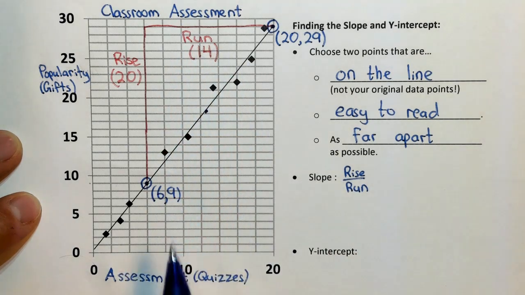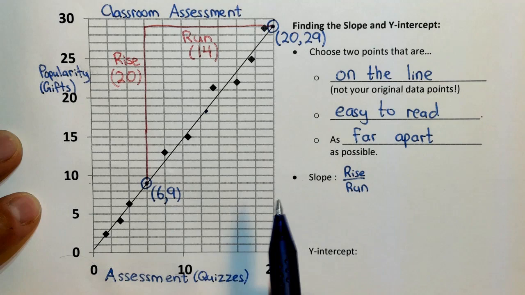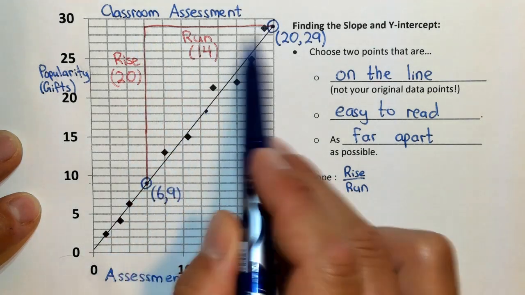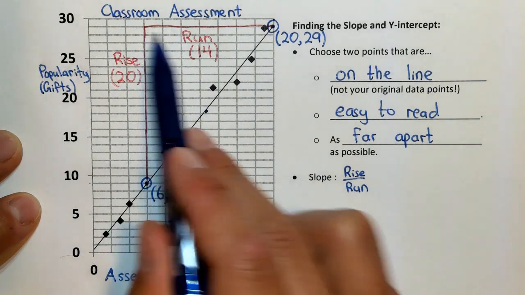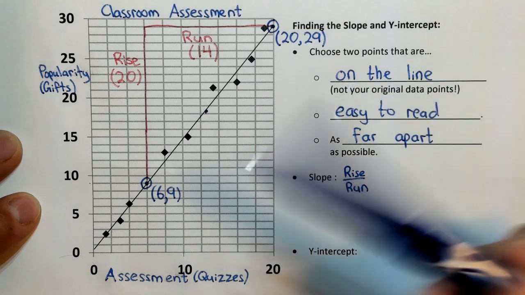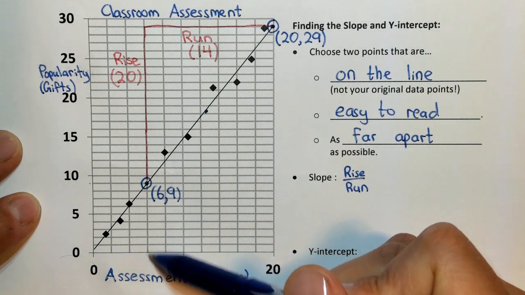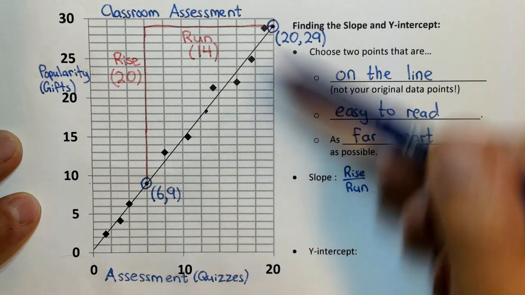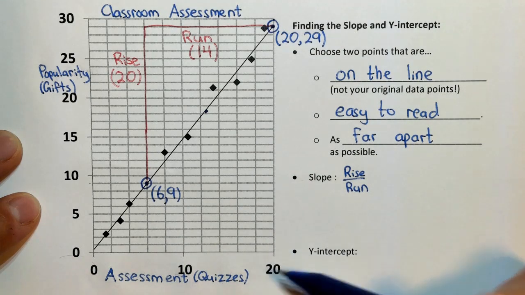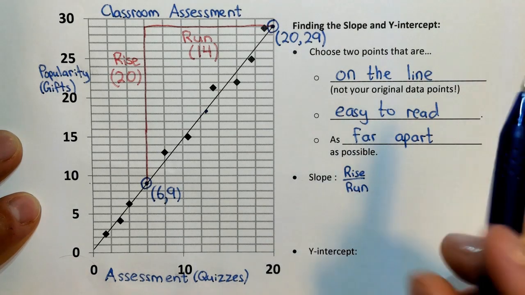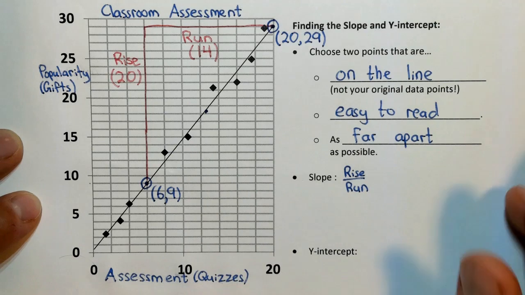And that means I have to use the scale I gave. Since I decided on a scale where each square is worth 2, I need to apply that scale here. So 7 squares means a run of 14. Easiest way to do it is to just read the coordinates off of the scale you've written on your axis. But use your scales, don't just count squares.